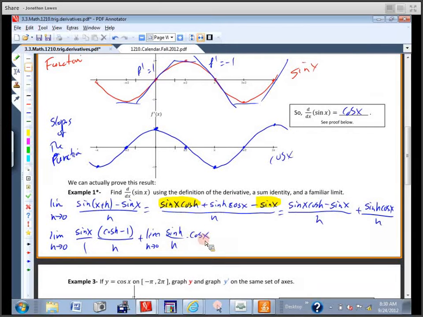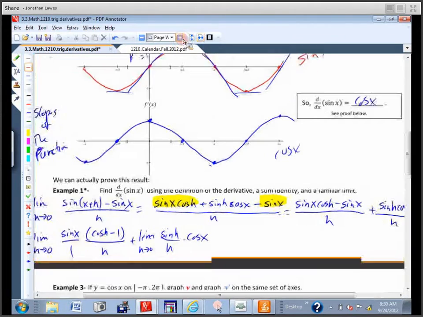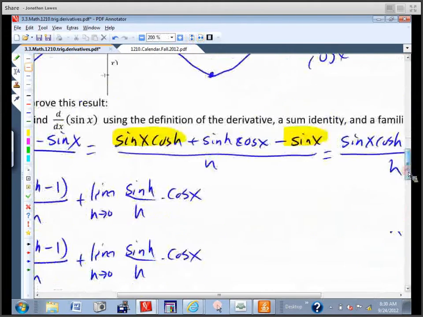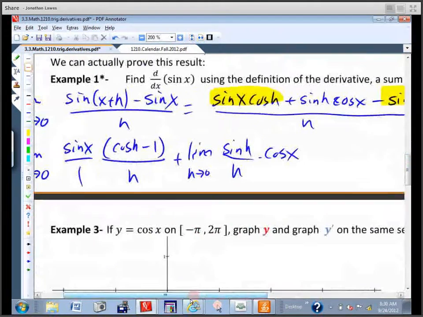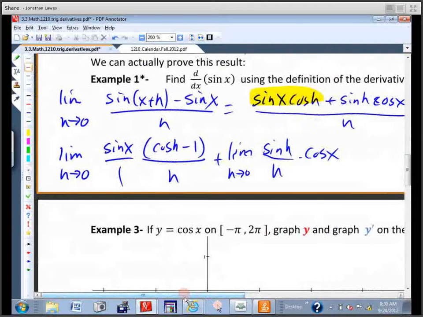So let's take a look at what we've got here, and I'm going to change colors. Okay, we're just going to focus in on this stuff right here. What is this in the limit?